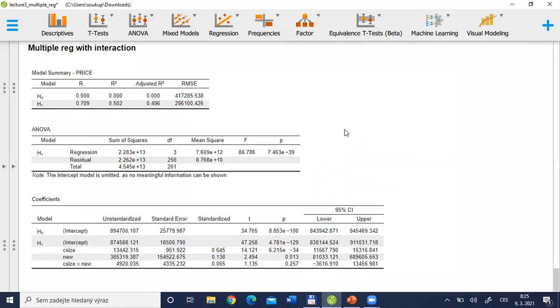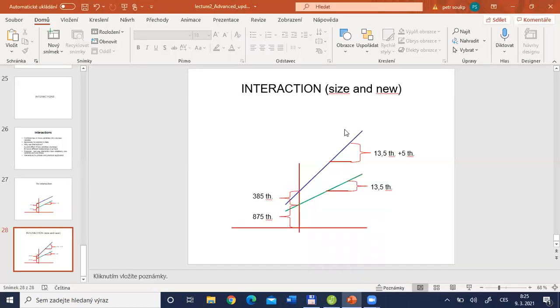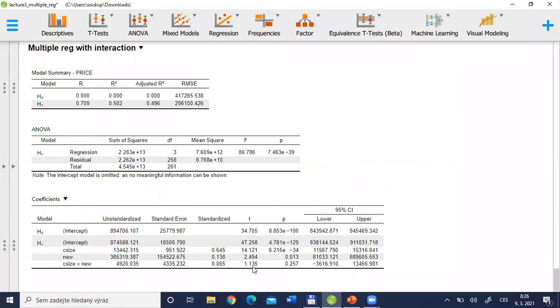Do you have some idea what can be the reason? As the expectation would be clear, I would expect that the price per square meter for a new flat would be higher than for an old flat. What can be behind this, let's call it non-significant statistical result?